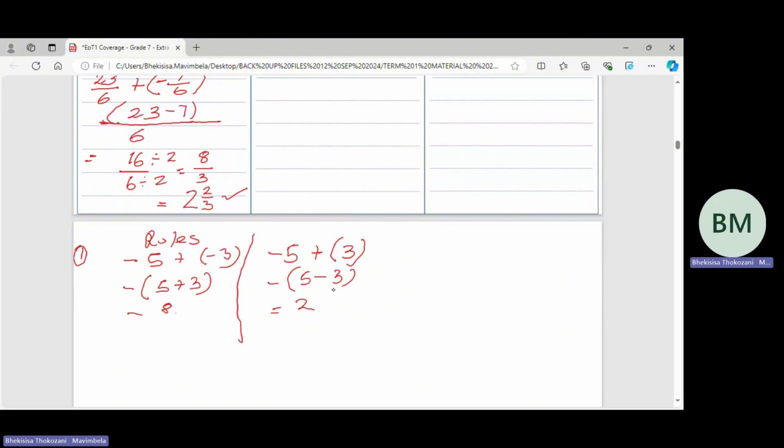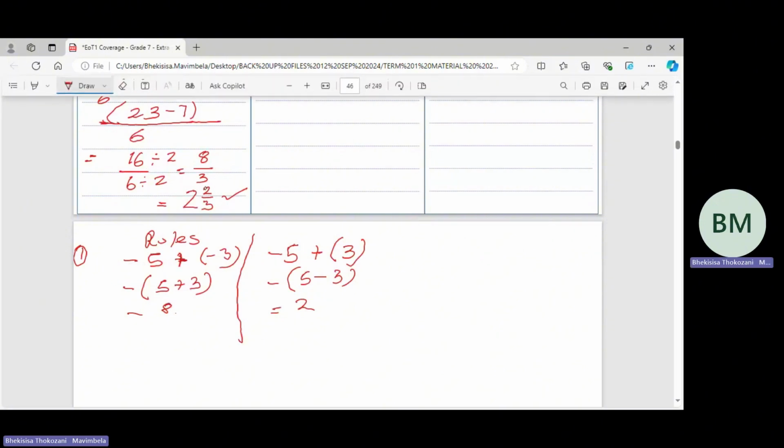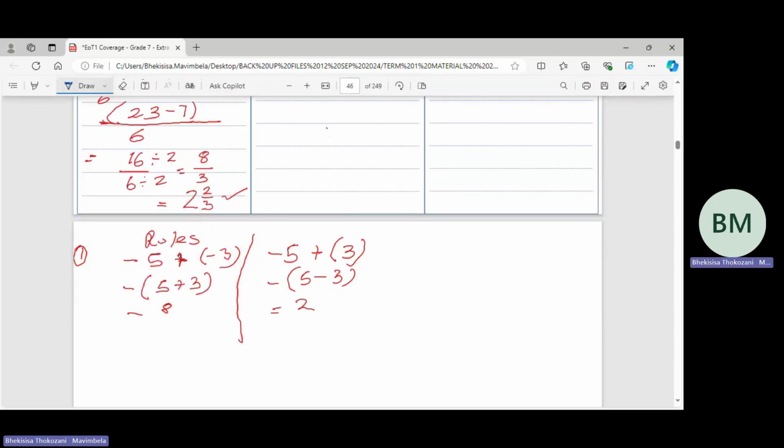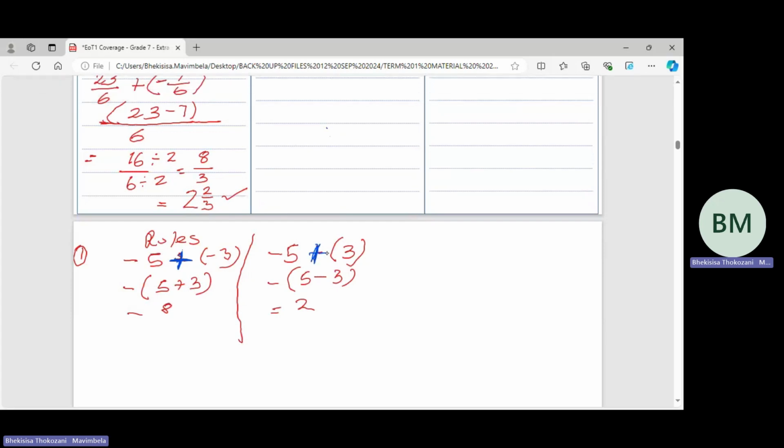And the students, you guys are always making a mistake. When you see this thing here, you start to multiply the signs. Don't do that, guys. Don't say negative times negative. Do not do that. When you see a plus sign like this, very important, do not multiply the signs, please.